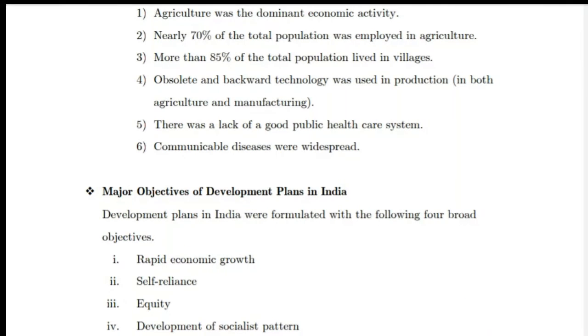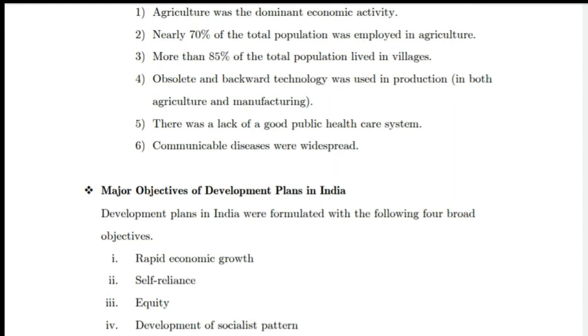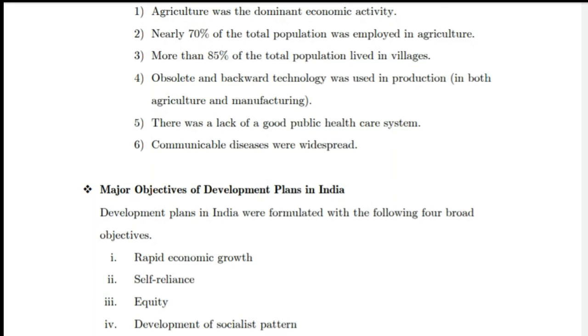1. Agriculture was the dominant economic activity. 2. Nearly 70% of the total population was employed in agriculture. 3. More than 85% of the total population lived in villages. 4. Obsolete and backward technology was used in production, in both agriculture and manufacturing. 5.